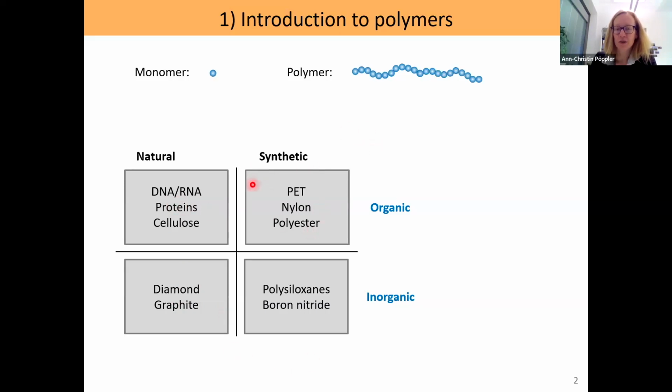And if we go for the synthetic one, then we have the polysiloxanes in the inorganic, but where I will focus on today, many functional materials that you know and that have been a large part of everyday life, and nowadays also of many of the environmental problems associated with them that we need to overcome in the future. So we have PET, nylon, polyesters, and many more of similar materials.